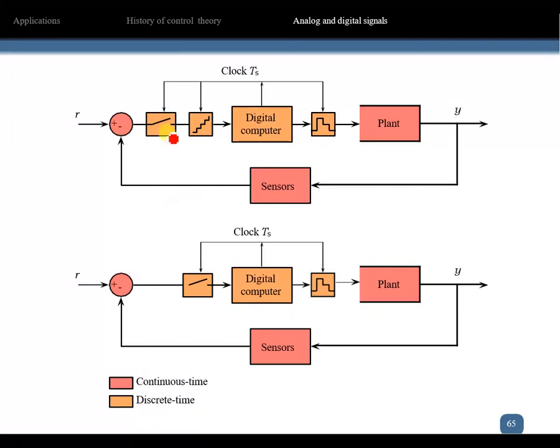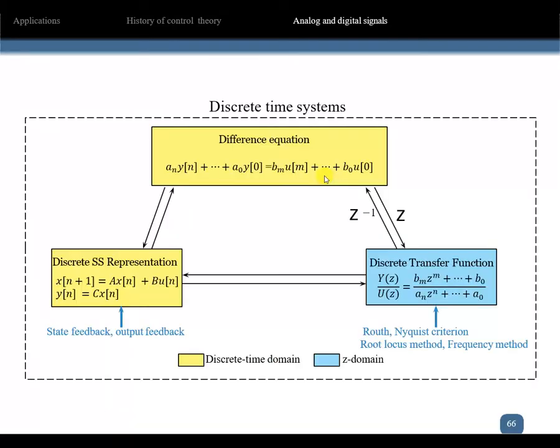Which holder we discuss later: zero order holder, first order holder, or impulse order holder.